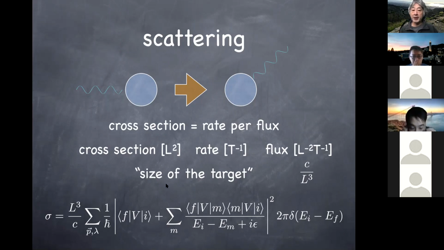But just imagine that you send in a photon whose energy is exactly the energy difference between the 1s and 2p states. Then you know what should happen in that case, right? You send in a photon on the 1s state of the hydrogen atom, and if the energy of the photon is precisely the energy difference between 1s and 2p, you would expect that the hydrogen atom gets excited to the 2p state.